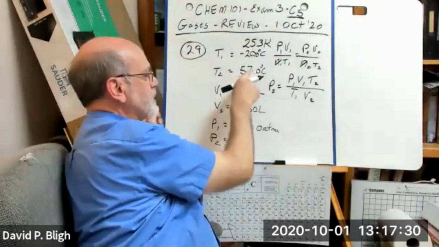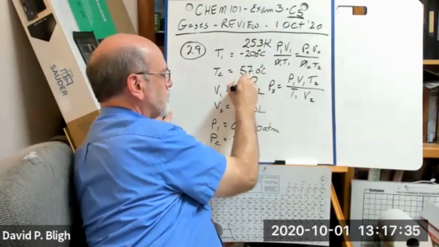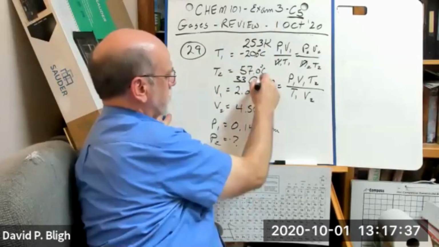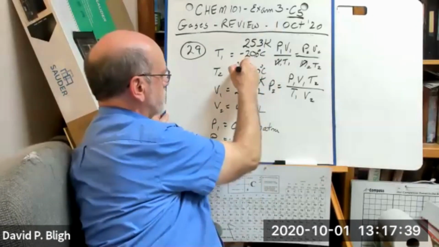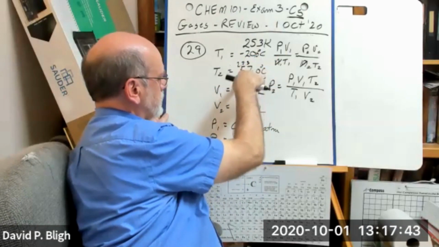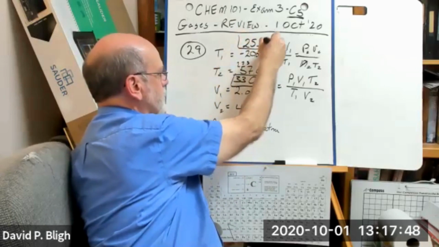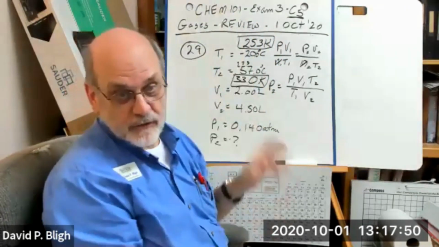And 273 plus this one would be, see if I can do it in my head, 330. So those are the values that you have to put in for temperature.